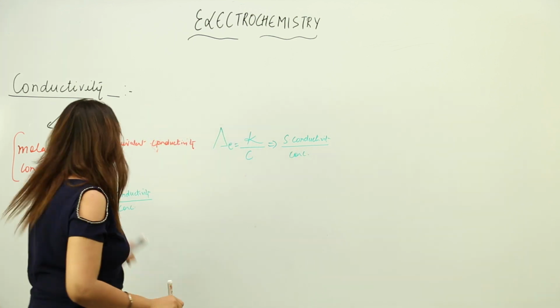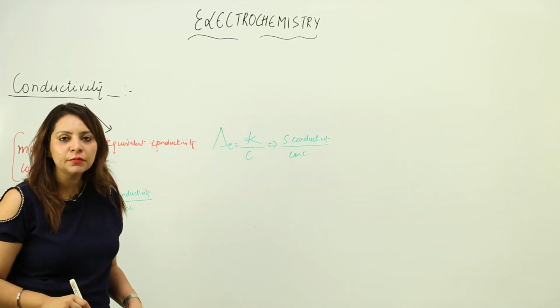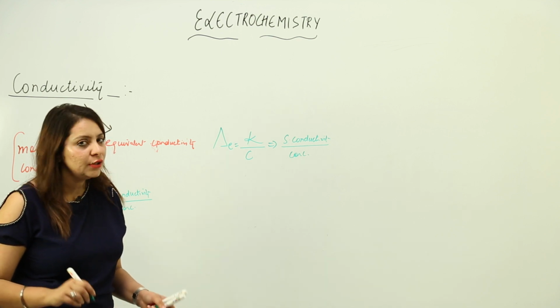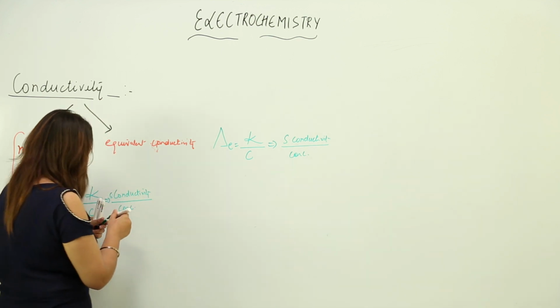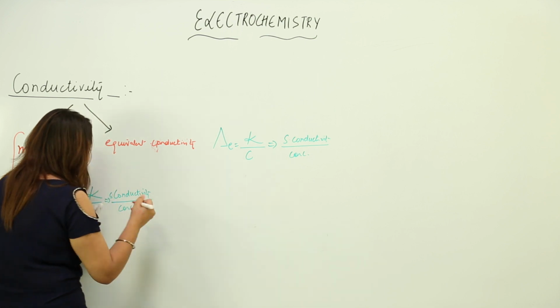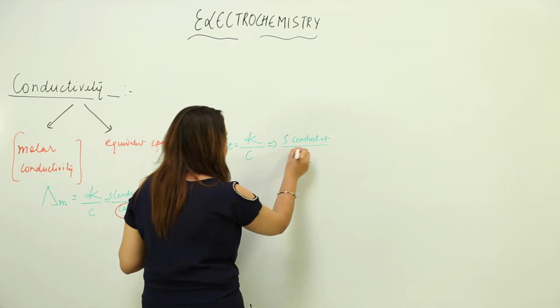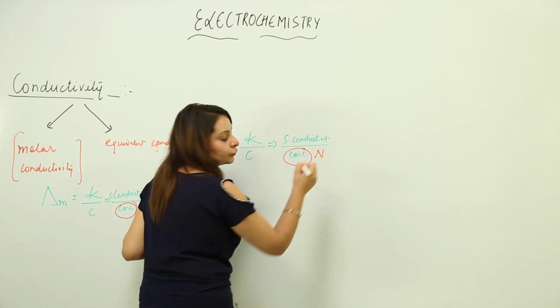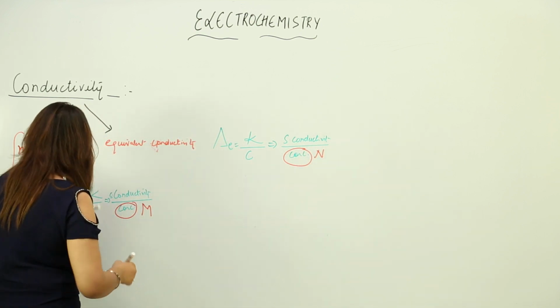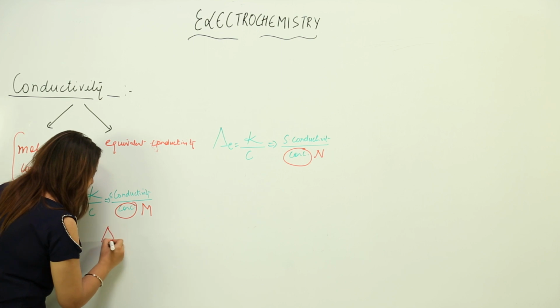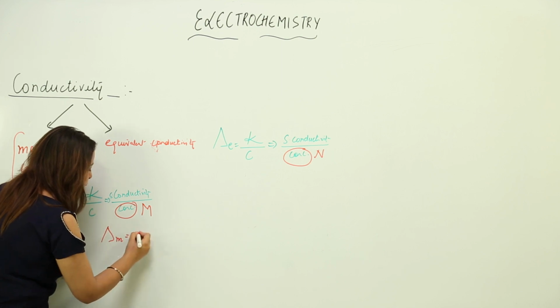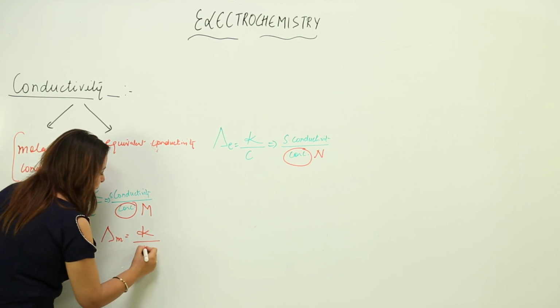So you must be thinking that both the terms appear to be the same, as I wrote the formula, but actually they are not the same. The difference is that in this case the concentration is expressed in molarity and here the concentration is expressed in normality. So lambda m equals kappa upon molarity.